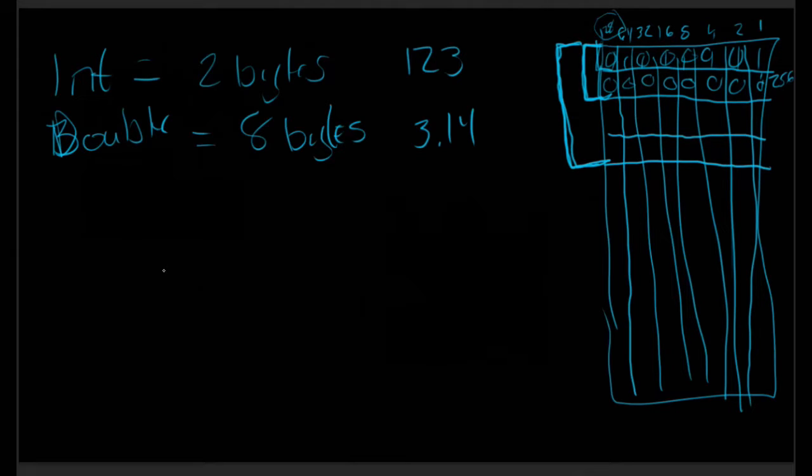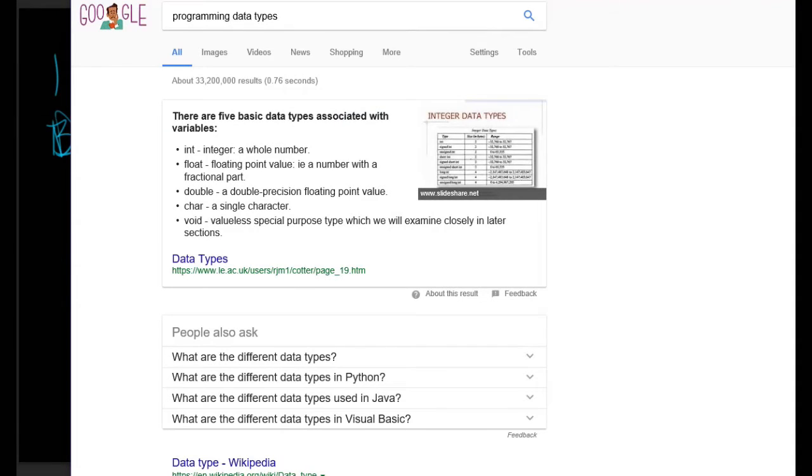Then we have our character. Now, if you remember, our character is a single letter, right? We know A, B, C, D, E, F, G, all the way to Z. However, there's other languages and stuff like that. In fact, let's see if I can pull up a web page real quick and just show.